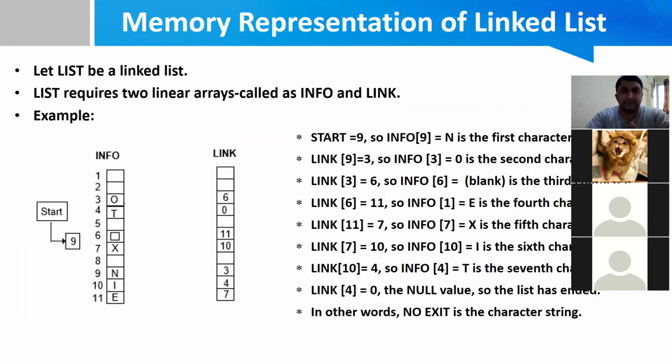Information is a separate array and link is a separate array. Here a different example has been represented. Right, the start node is node number 9, so it will directly connect to this particular place.